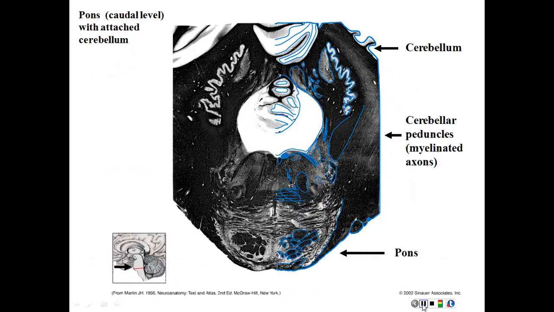Now sometimes you'll see the pons represented with the attachments to the cerebellum above, or sometimes with them cut off. But we know that our three major pathways have got to be going through here: corticospinal, anterolateral, and medial lemniscus. They've got to be passing through here.